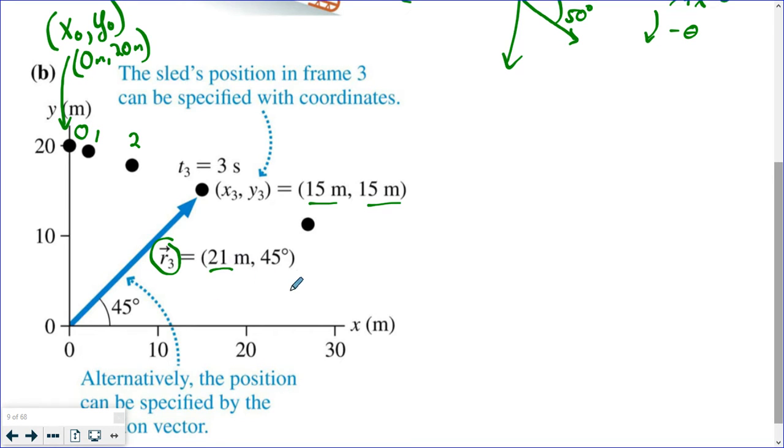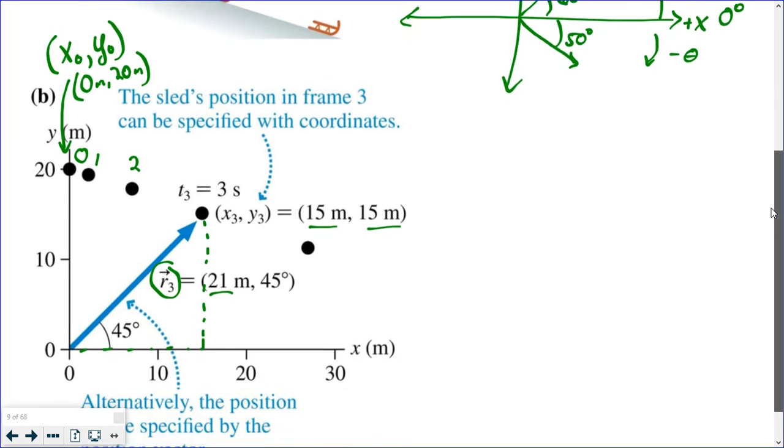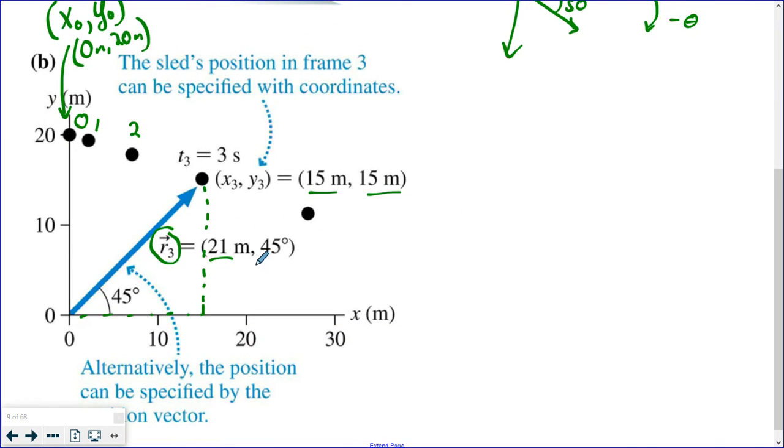The magnitude is 21. That's the length of this vector to get from here to here. It's not 15 or 15. If we draw this right triangle, and we solve for the hypotenuse, it's 21 meters. And that's our length. And then our direction would be 45 degrees measured from the x-axis. And that's where a little measurement here comes in handy. Okay, there's other ways to write this vector as well.